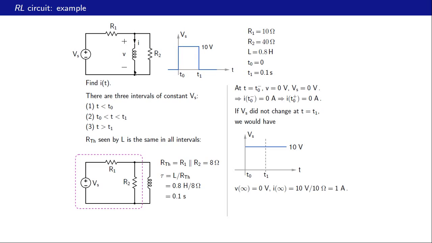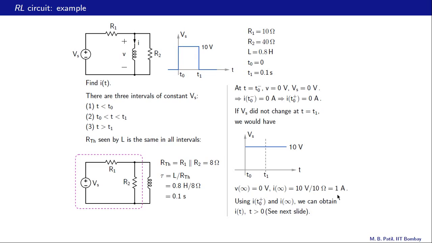So we have a short circuit here, and the current I would then be Vs divided by R1. The current through R2 of course would be 0 because this voltage drop is 0. At t equal to infinity, Vs would be 10 volts. So therefore the current I would be 10 divided by R1, that is 10 volts divided by 10 ohms, that is 1 ampere.